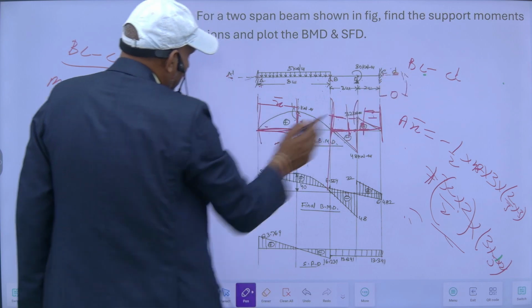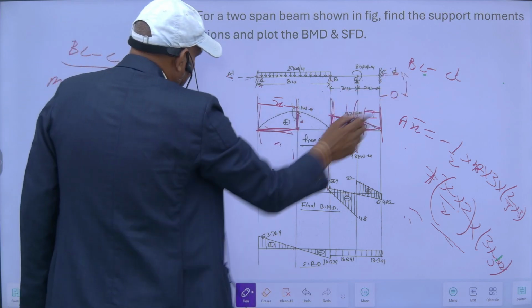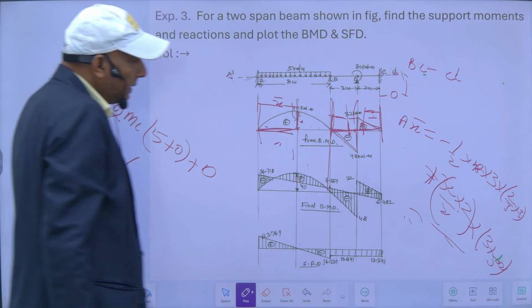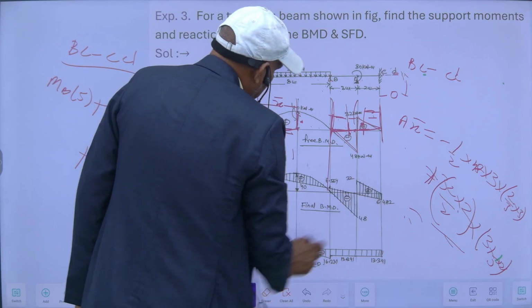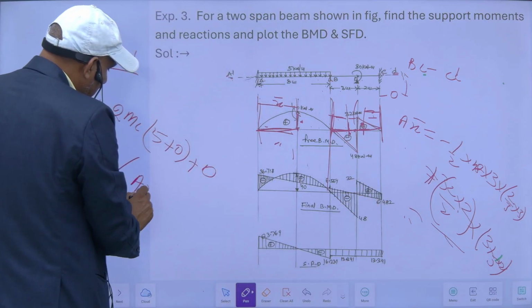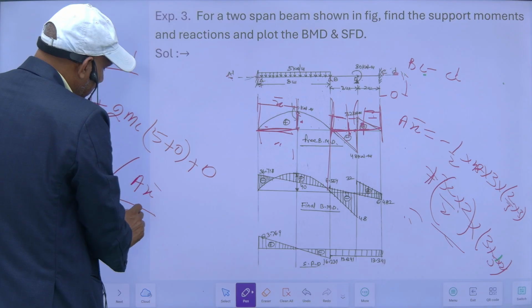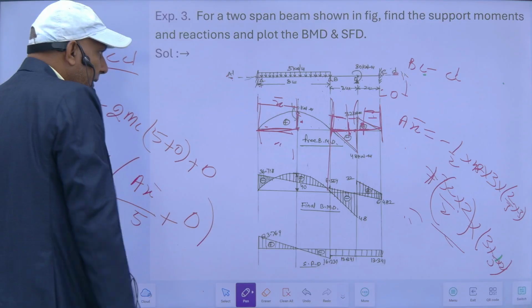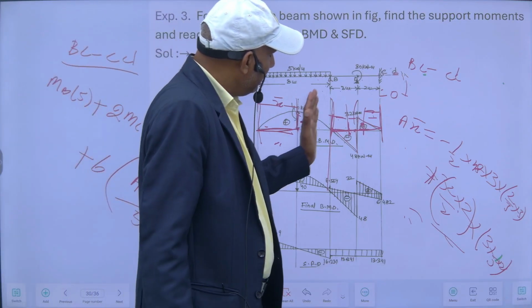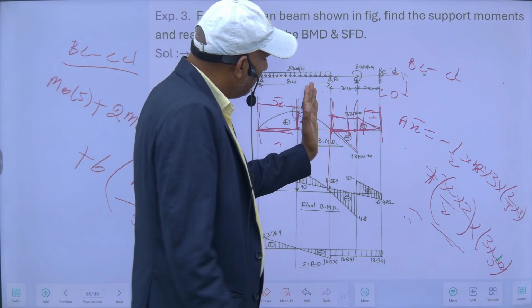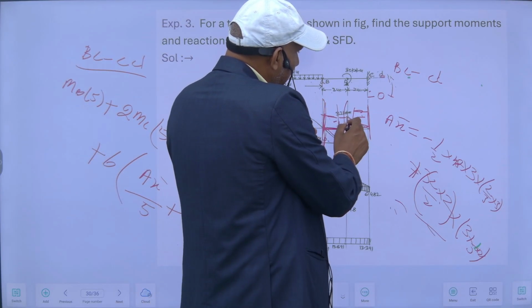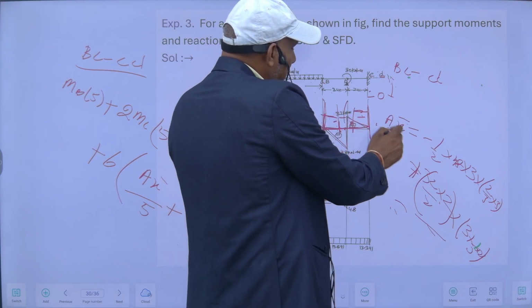This of course is 0 into this length is 0. So it will be 0 plus 6 times of area of this upon L, plus AX for this will be 0, and in this case my X will be from this side, and for this portion of course it is 0.